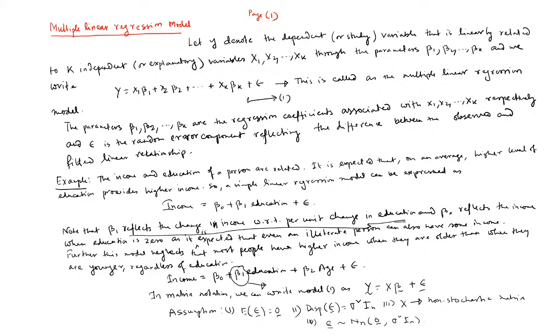And we know the normal equations. I write here the normal equation. In that case, the normal equation is X prime X beta curl hat equal to X prime y curl. Okay.